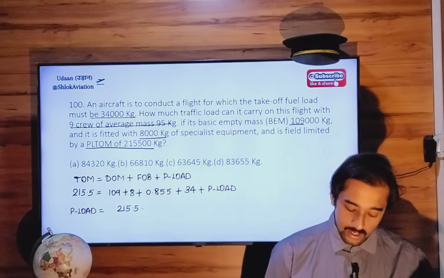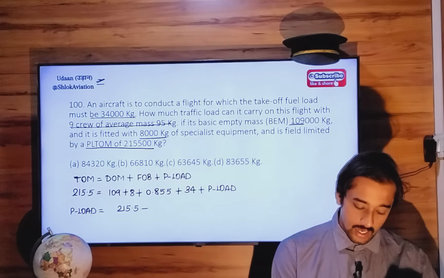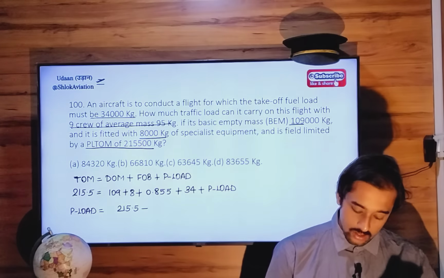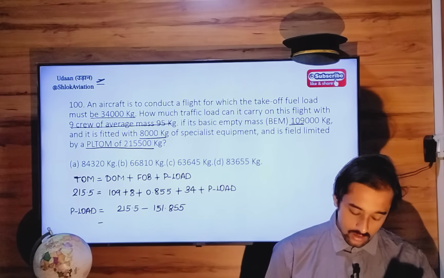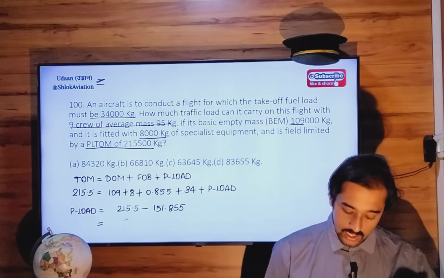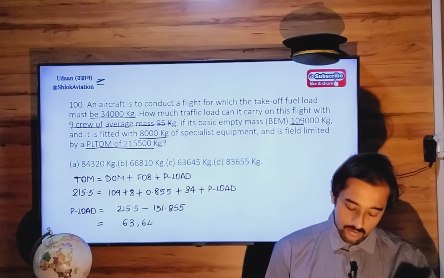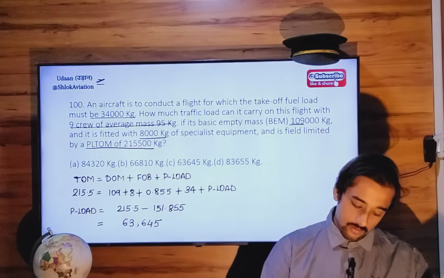So 215.5 minus 109 plus 8 plus 0.855 plus 34, which is equal to 63,645. So payload is 63,645. Option C.